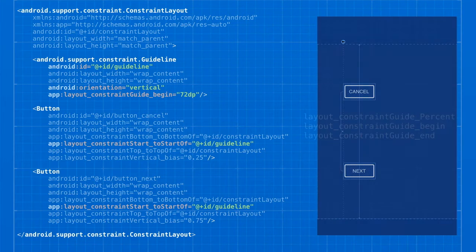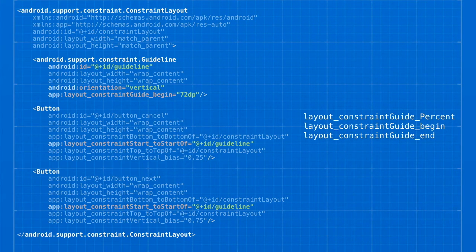Okay? So the way that you can define these things is in three different ways. You can define a constraint to be aligned from the begin edge, and that essentially means that would be the left side for vertical and the top edge for horizontal. The end, which would obviously be the opposite. And in that case, both of those are provided with a fixed dimension. So like I had in the example here, it's 72 dp from, in this case, the left edge.